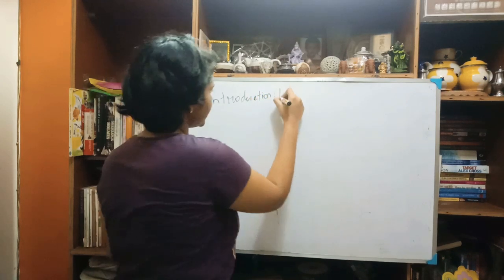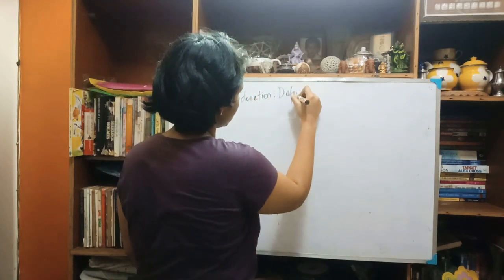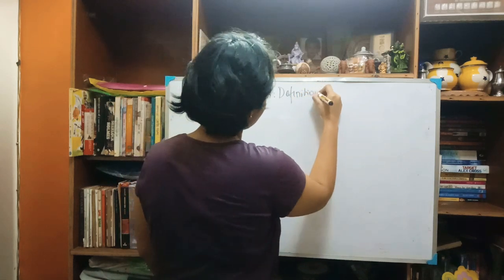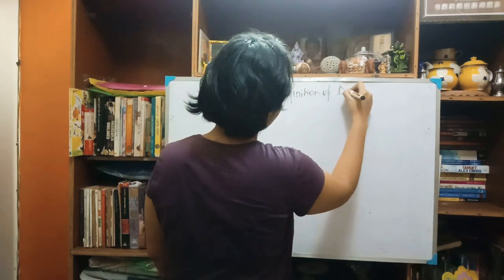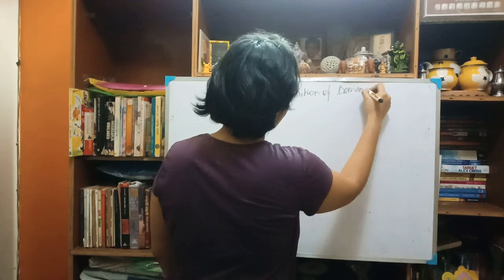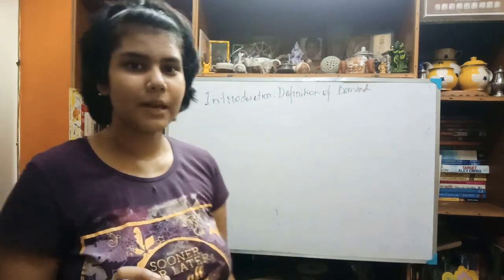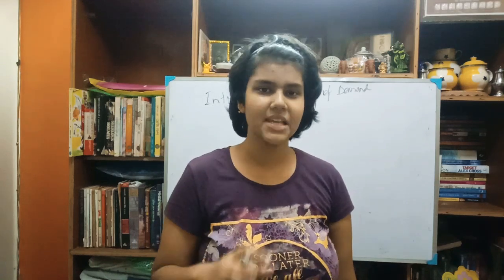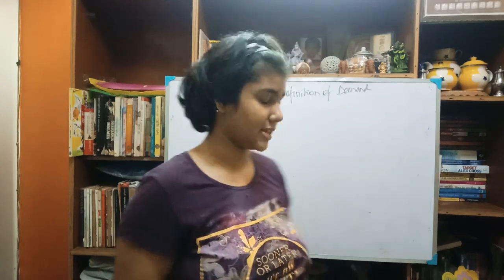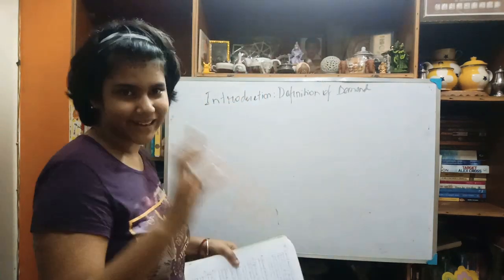The introduction is the definition of demand. You will put in the definition of demand as the introduction to the answer. Please do put in that mathematical equation also, because it is a part of the definition itself.